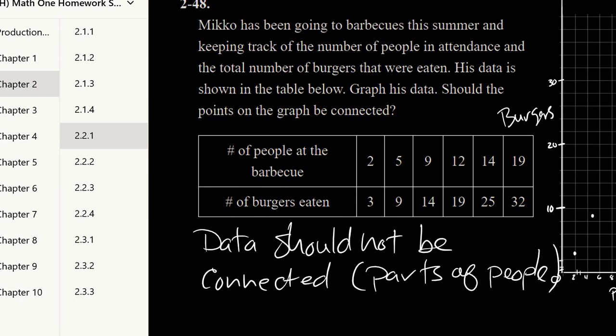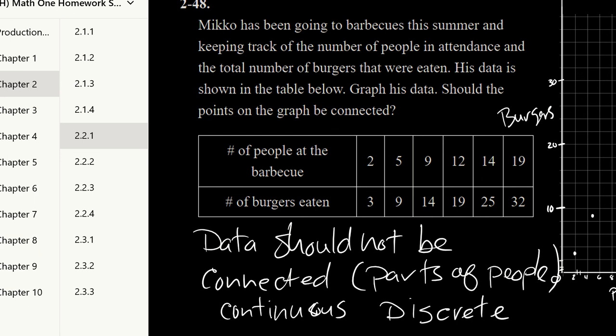And you can see I just wrote a response. I don't think this data should be connected because we don't talk about just a half a person, right? We talk about full people. And this comes down to the idea of whether or not the situation is continuous, C-O-N-T-I-N-U-O-U-S, or discrete, D-I-S-C-R-E-T-E.